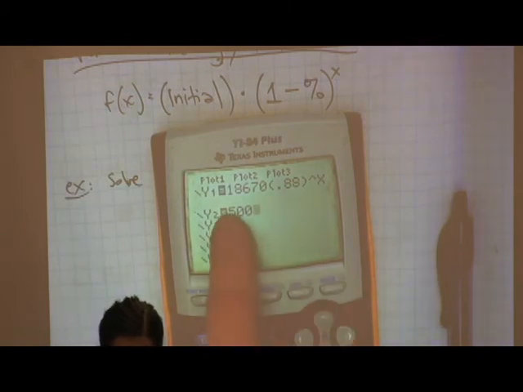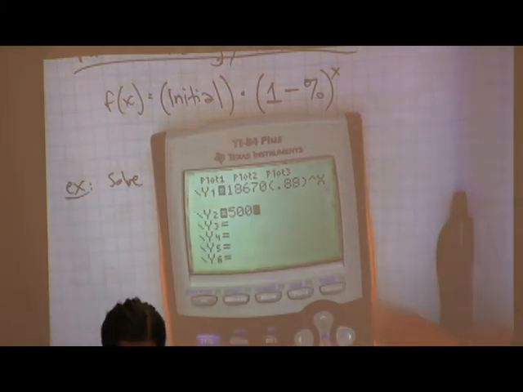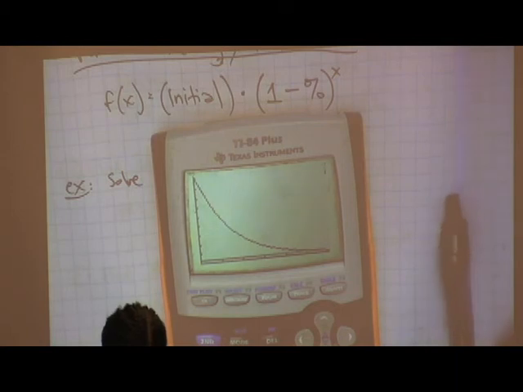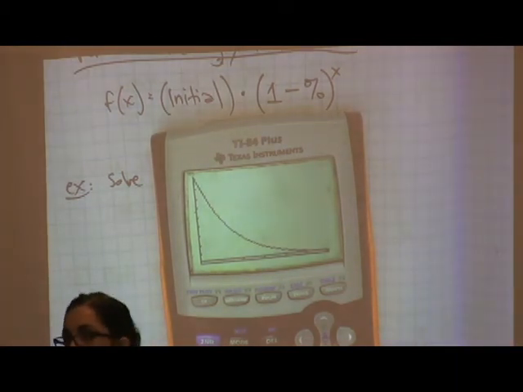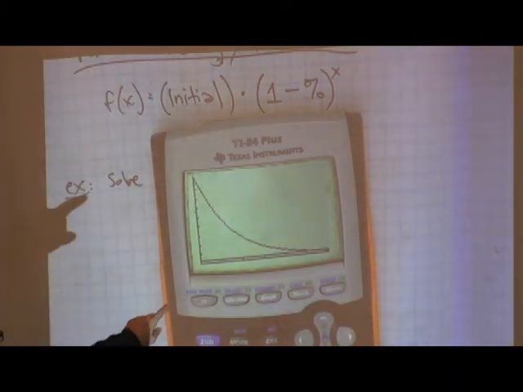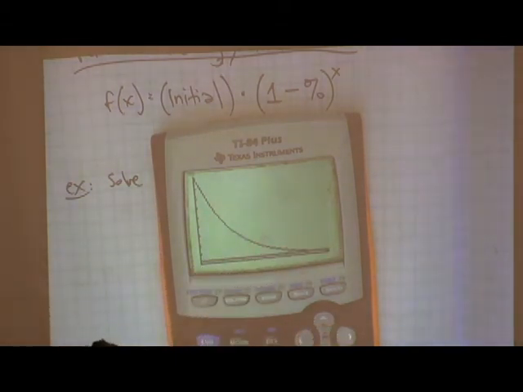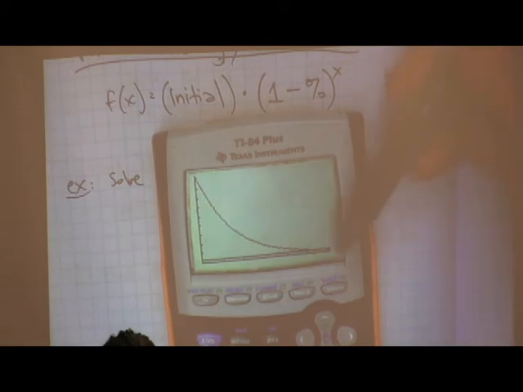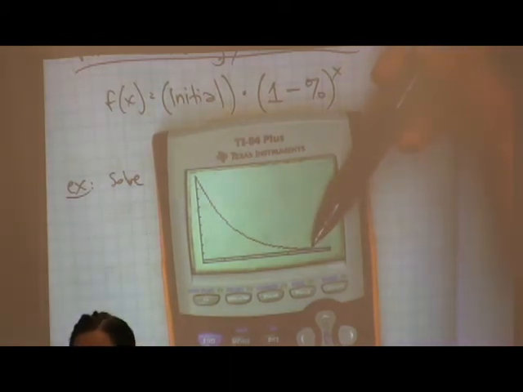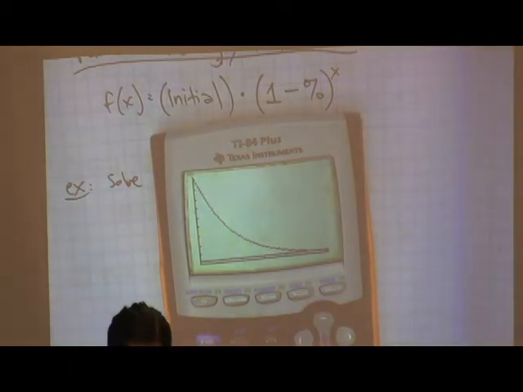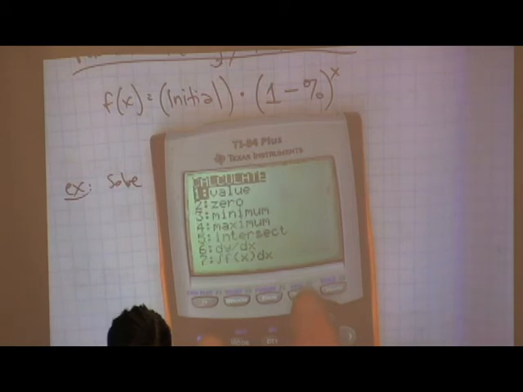So if I add that equation, now we'll have 2 graphs. You might say this is an exponential system of equations, where I have my curve and then I have another line. And I want to know the point right there where those 2 lines intersect. Hint: intersect. I can calculate the intersection by doing second calc, 5.